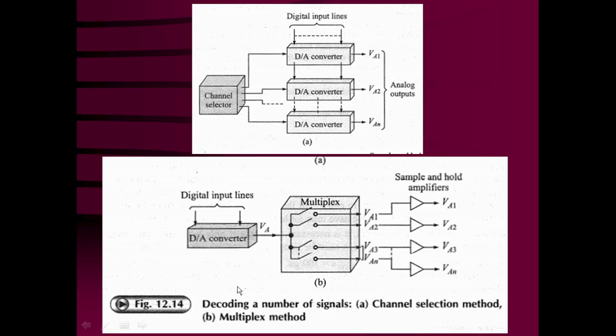This method is known as the multiplexing method. Here the output is available only for the sampling time, it is not available permanently like VA1, VA2, VA3, etc. So the sample and hold amplifiers are required in a multiplexing method for each channel.